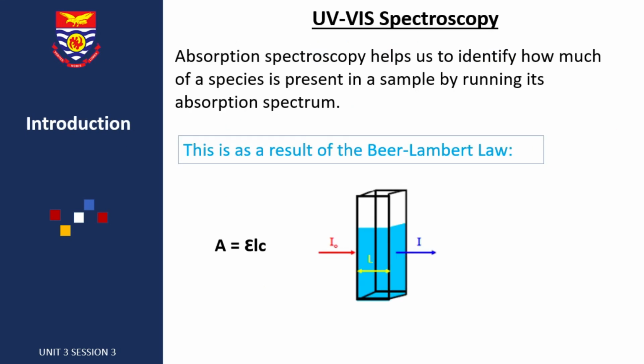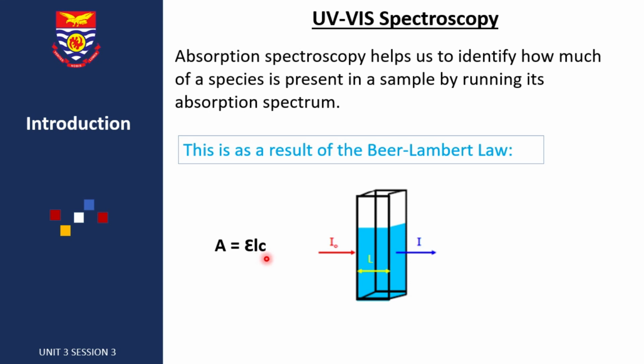Okay, so based on the Beer-Lambert law, UV helps us to identify how much of a species is present in a sample by running its absorption spectrum. By using the Beer-Lambert law, which is A equals epsilon L C, A represents our absorption or absorbance, epsilon represents the molar absorptivity, L is the path length of the light, and C is the concentration.